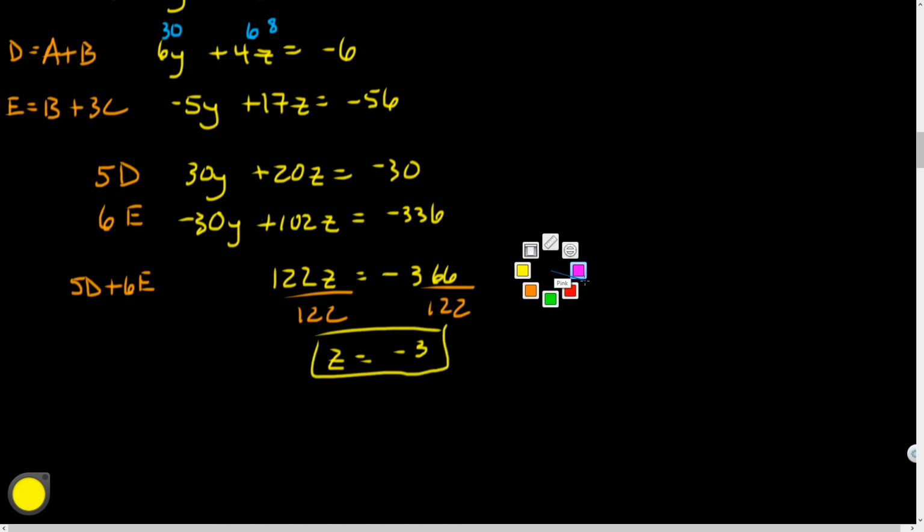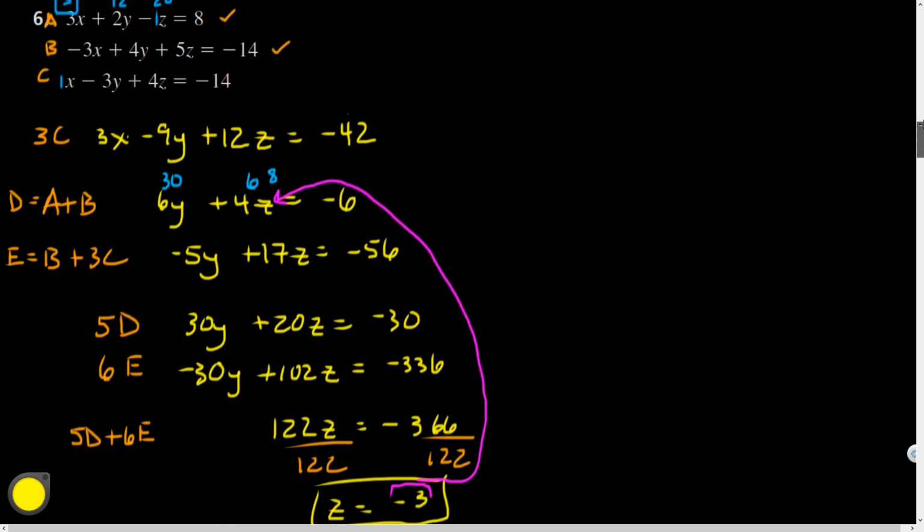And so now to solve for y, notice back up here, or technically any of these four, if I plug in for z, I'd solve for y. I'm going to plug it into the one with the smallest numbers, so I'm going to plug it into equation D. And so I'll have 6y plus 4 times z equals negative 6.